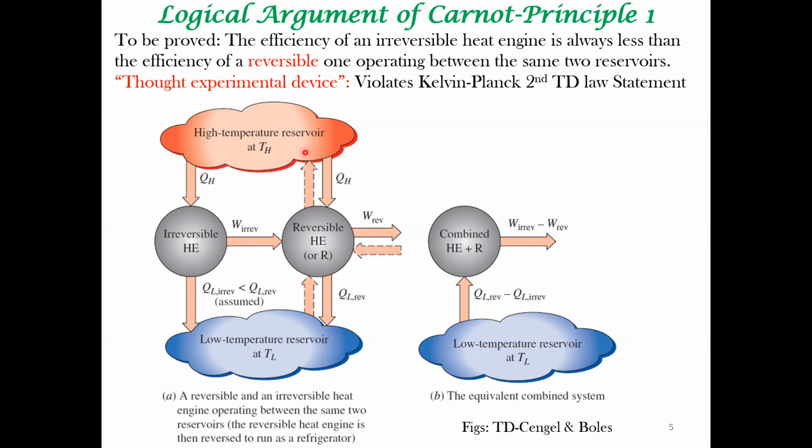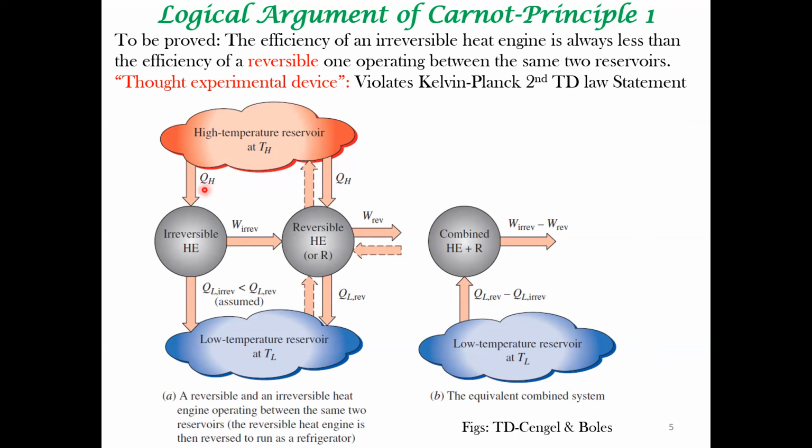So what we can imagine is that we can combine the irreversible heat engine, which generates work, with the reversible refrigerator, and this combined process can be represented in the following manner. What is to be noted is QH is taken out by the irreversible heat engine, but the reversible refrigerator transfers QH to the high temperature reservoir.